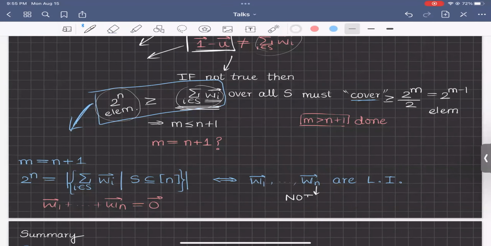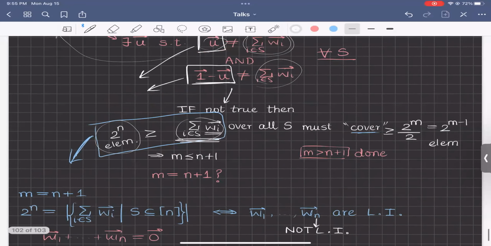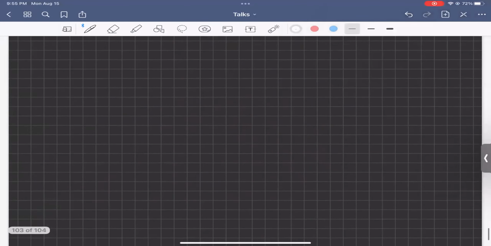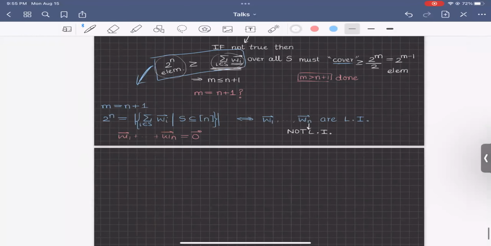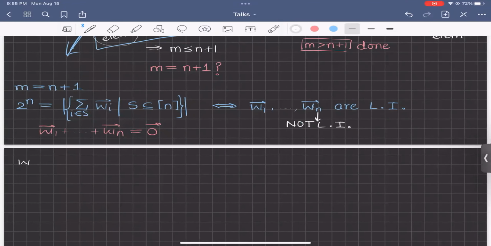If we switch the color of a vertex, then the color of the edge changes twice, so there is no change. So it is an invariant. This sum W1 plus W2 plus up to Wn is always 0. So the point is that this is not linearly independent.